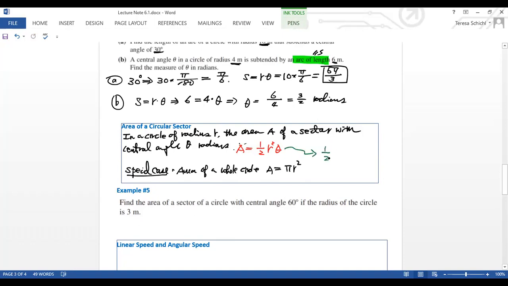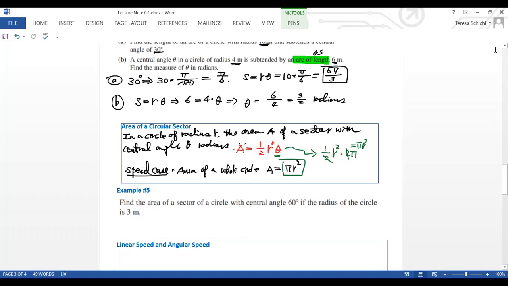This is 1/2 r squared, and for a whole circle my theta is 2 pi, so the 2 and 2 cancel. That's why I get pi r squared, which matches what I learned in geometry class.